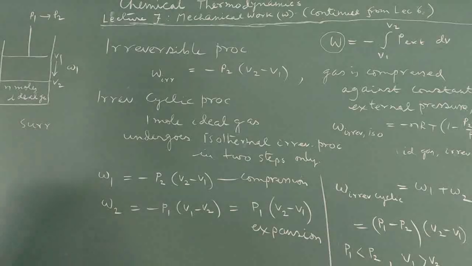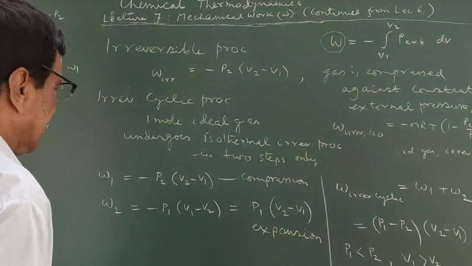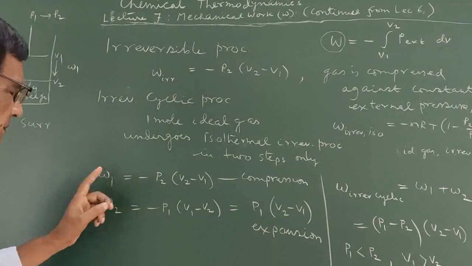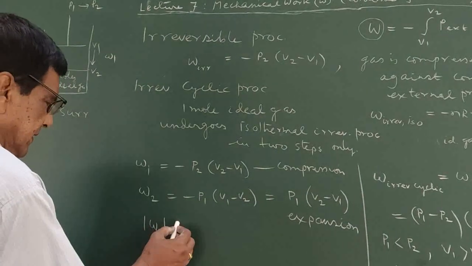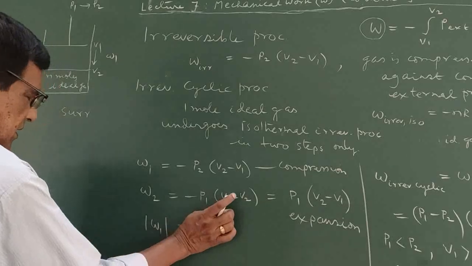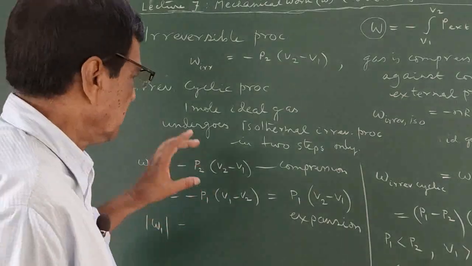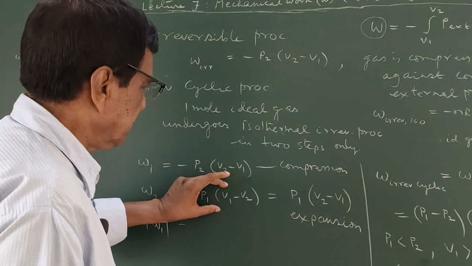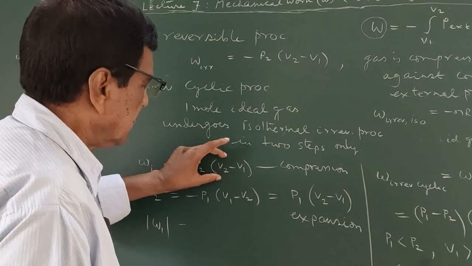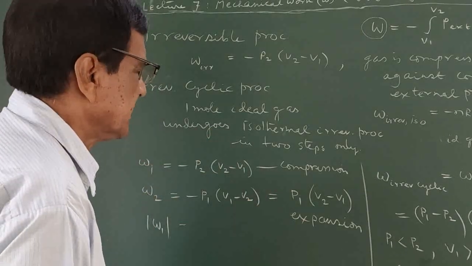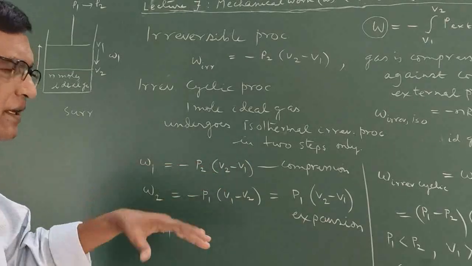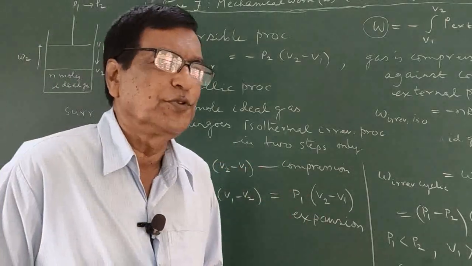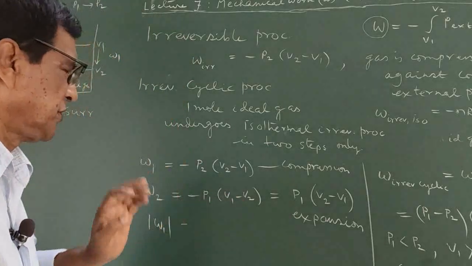And in case of magnitude, we can say this W1 is positive. W1 in this case is positive, this one is negative. So for W1, more work is required to compress than the work we receive in this expansion.